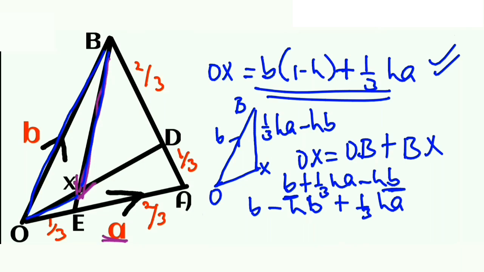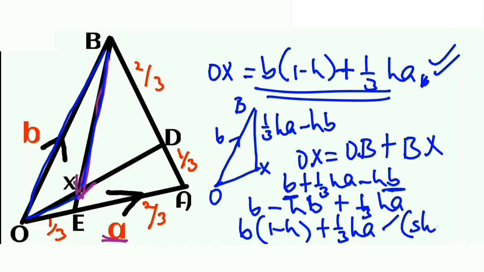You have to factor out B. So it equals B, open bracket, 1 minus H, plus 1/3 HA. So this value equals this value, then shown. Now we have shown that OX equals B, open bracket, 1 minus H, plus 1/3 HA.